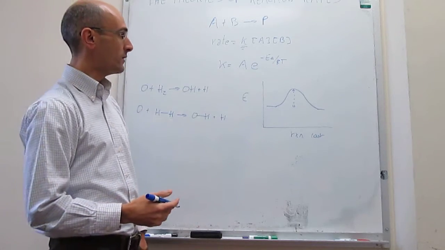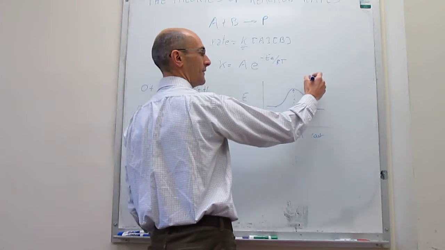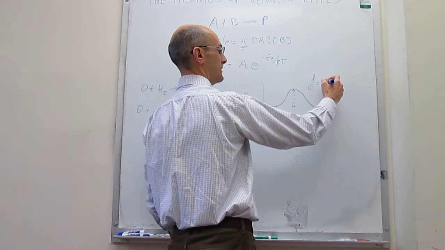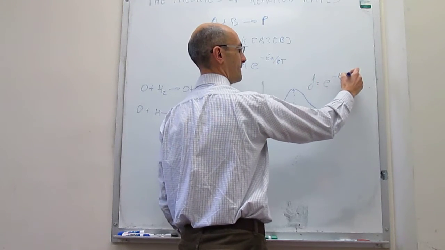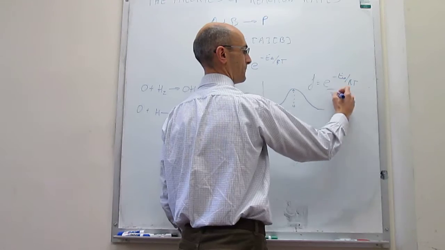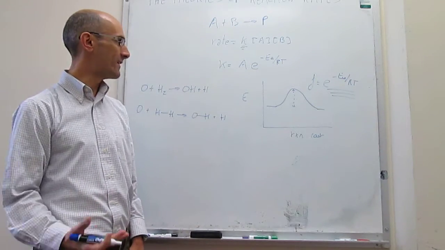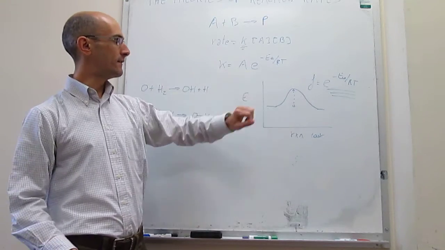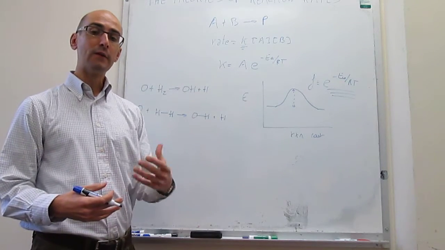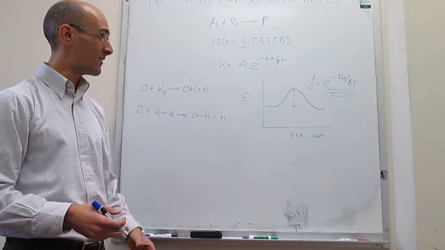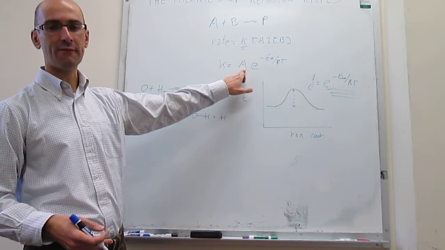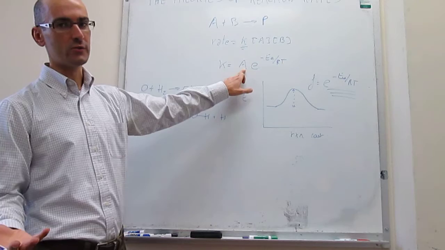What we know is that the fraction of collisions that have enough energy above that barrier is this factor, related to this quantity right here. So collision theory has a nice connection with Arrhenius theory in that the functional form is the same. The other thing collision theory does is allow you to calculate the pre-exponential factor, in a way that we are not going to see.